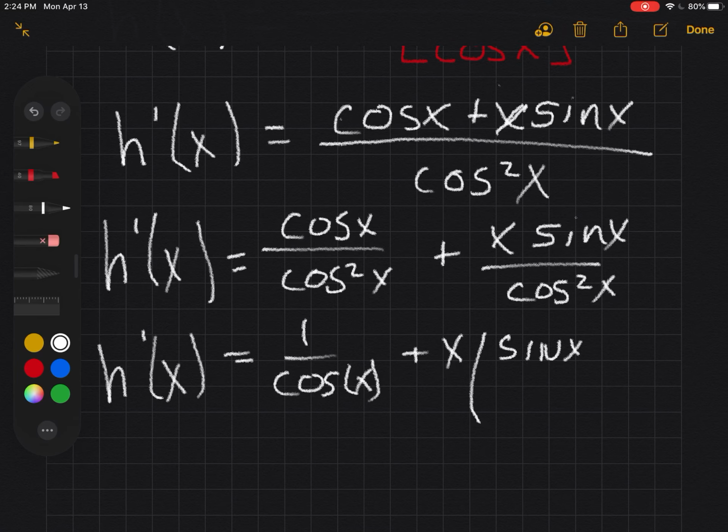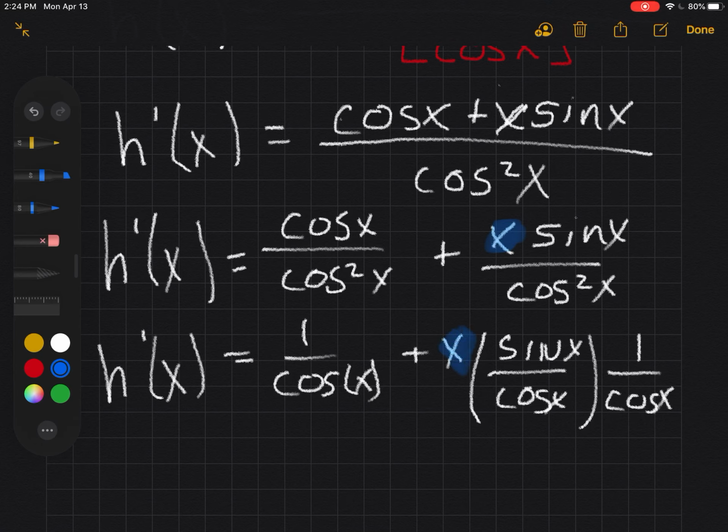This allows me to cancel a common factor and say this is 1 over cosine of x. Here I'm going to factor some stuff out. I'm going to say this is x times sine x over cosine x times 1 over cosine x.